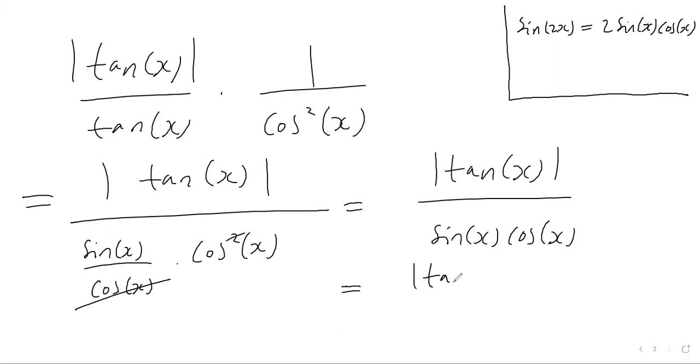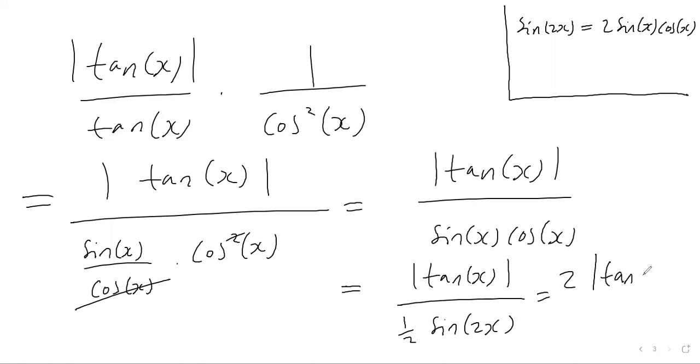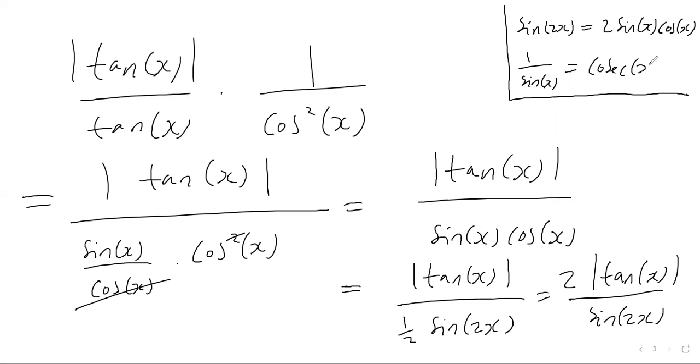So this is the modulus of tan x over half of sine 2x. In other words, this is just 2 lots of the modulus of tan x divided by sine 2x. And of course, 1 over sine is the same as cosec by definition.